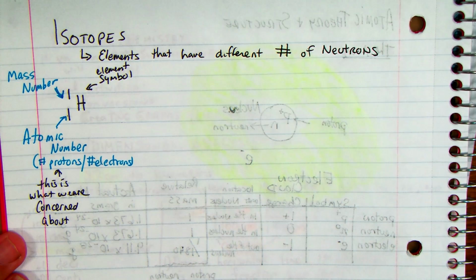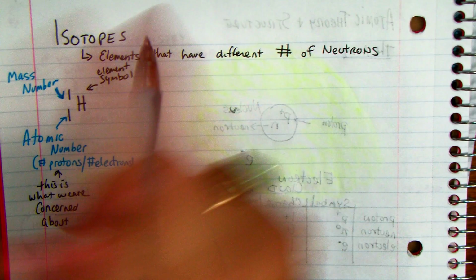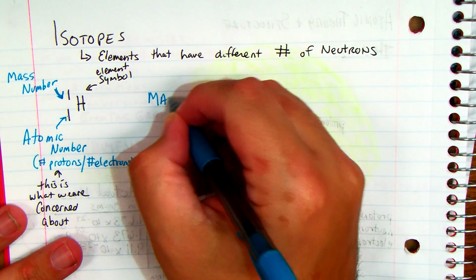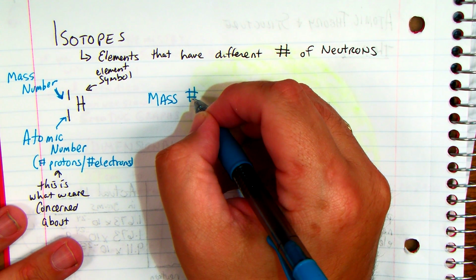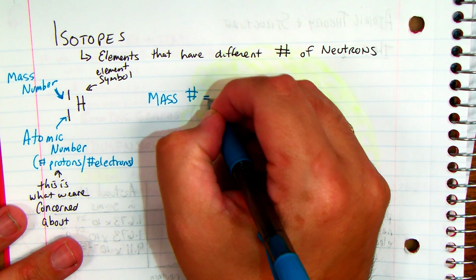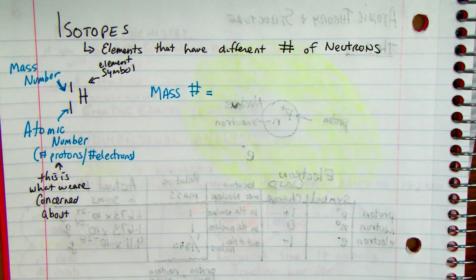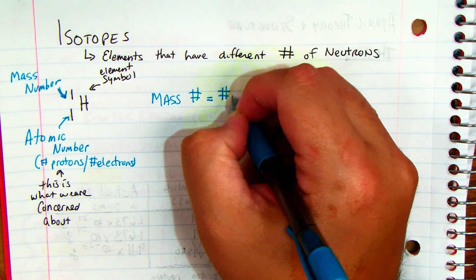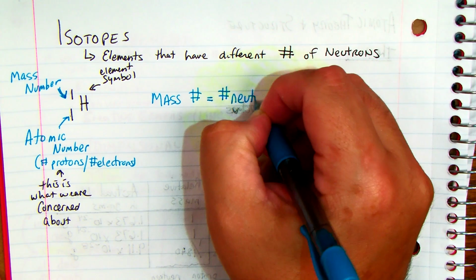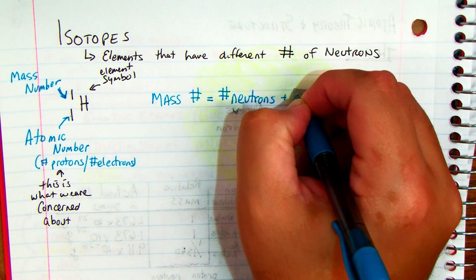Now, your mass number, I'll put it over here. The mass number is the number of neutrons plus the number of protons.